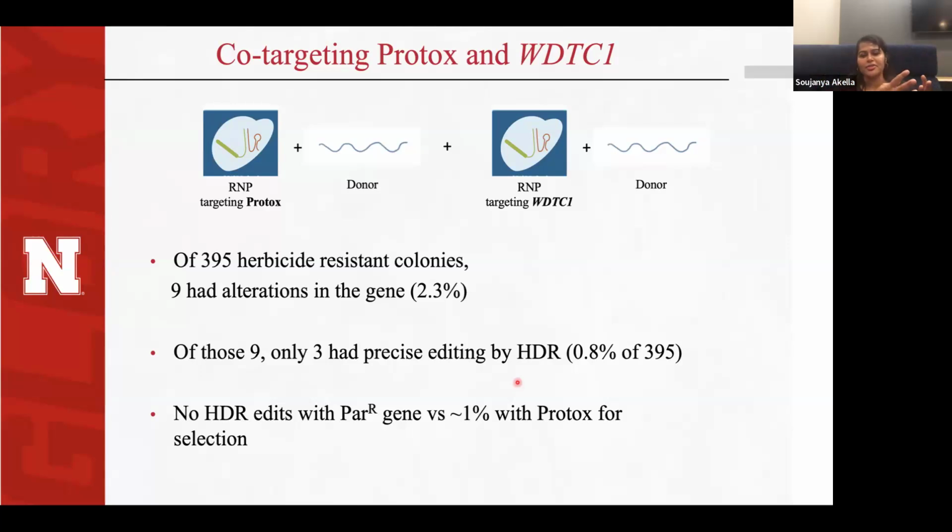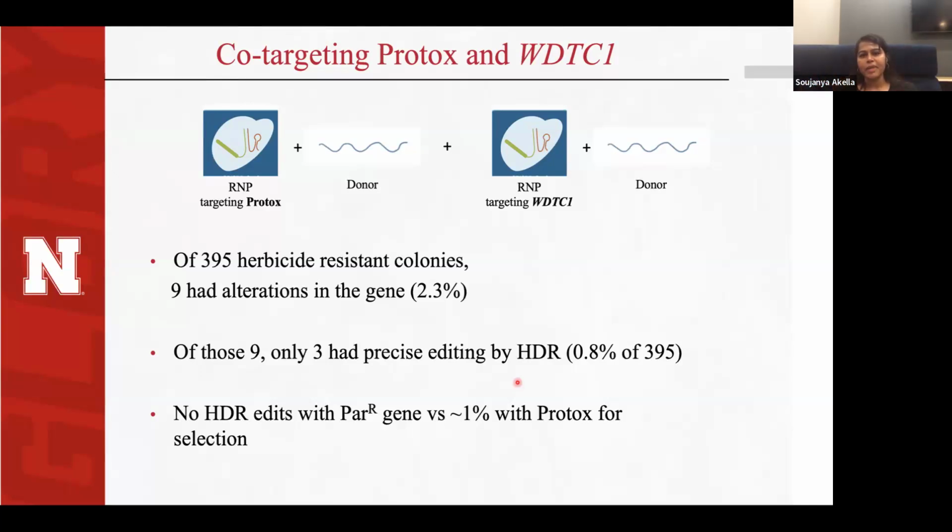I hope that's not too confusing. So basically, the likelihood of your gene of interest getting specifically edited by HDR goes up if you have already forced the cell that you're looking at to use HDR as a way to fix something in the cell.